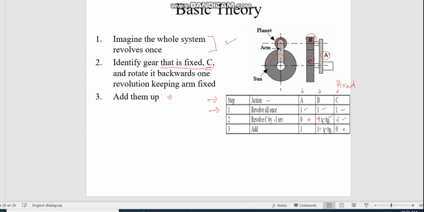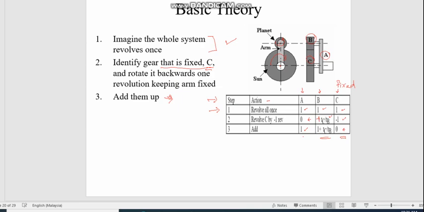So again, the third step is to add them up together. 1 plus 0 equals 1, and 1 plus TC over TB equals 1 plus TC over TB, and 1 plus minus 1 equals 0. So these are the relative movements of all the gears in this particular epicyclic gear system.